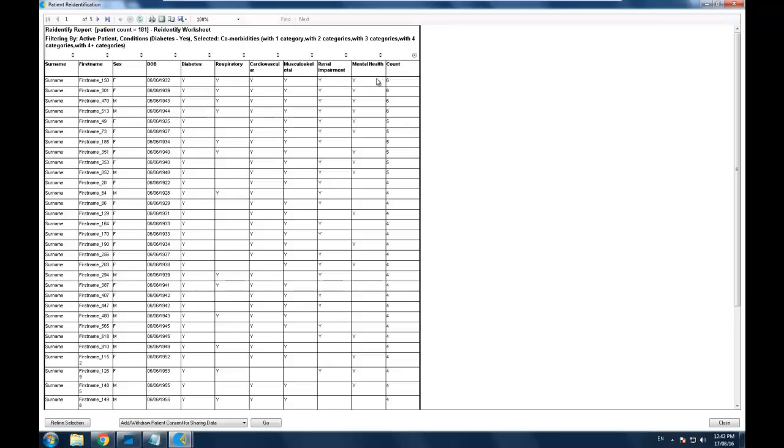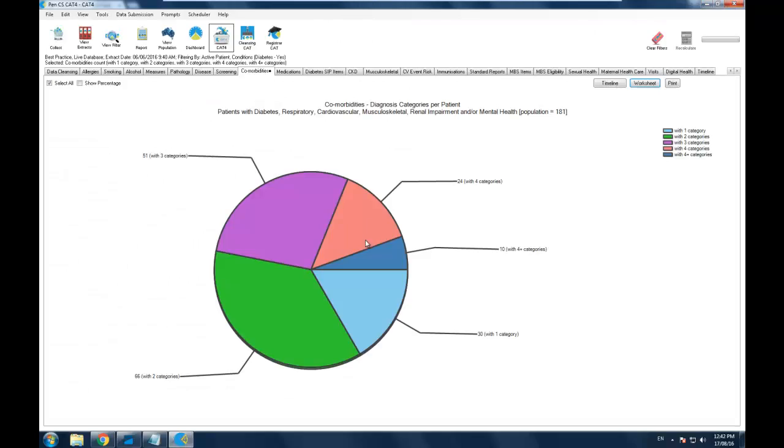Obviously, we have people here that have, how many are there? 1, 2, 3, 4 that have everything basically that we look at, and then of course the numbers go down. But there's still quite a few of the patients that have multiple chronic problems, and that might help you again to target who you want to recall, who you think should be seen first, and so on.